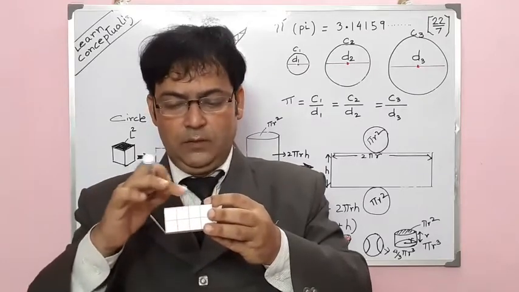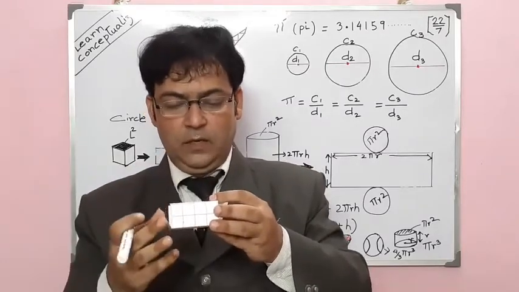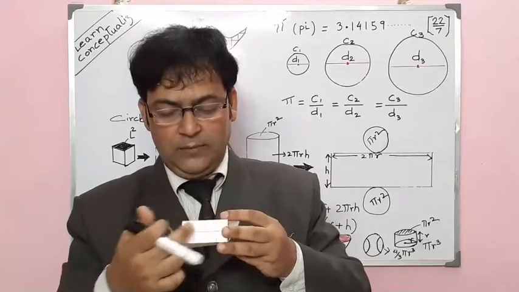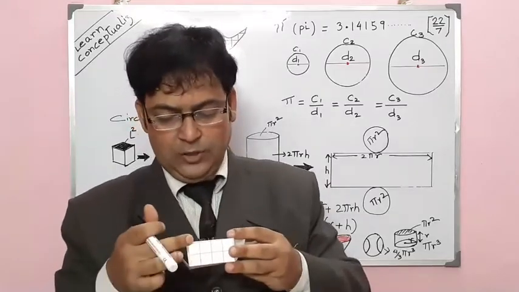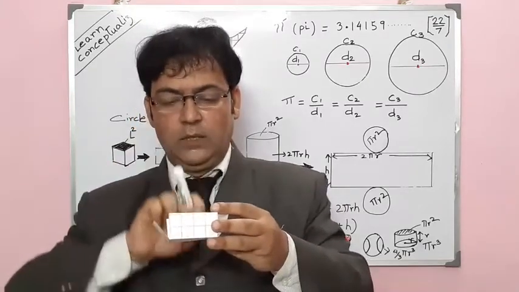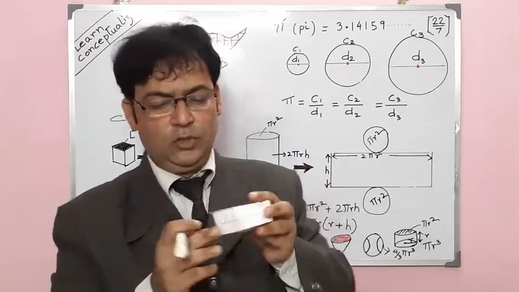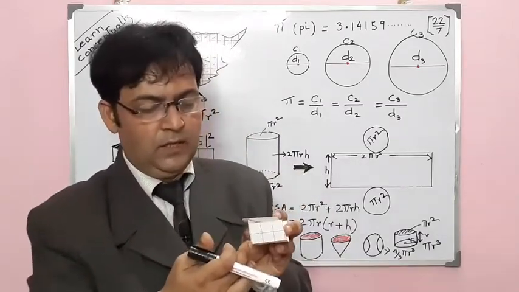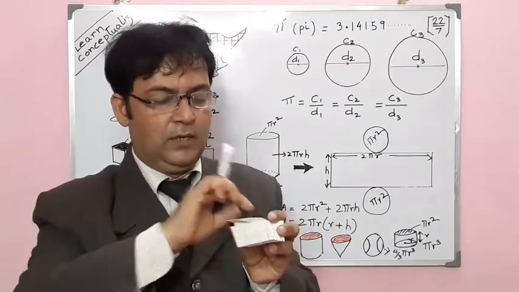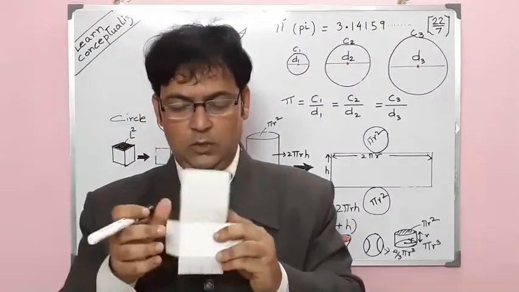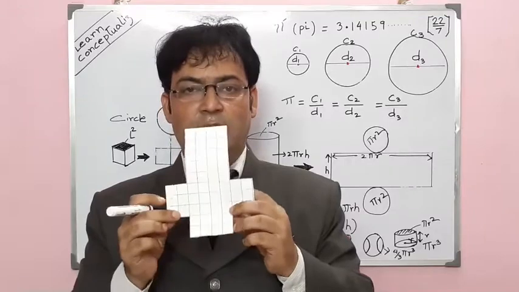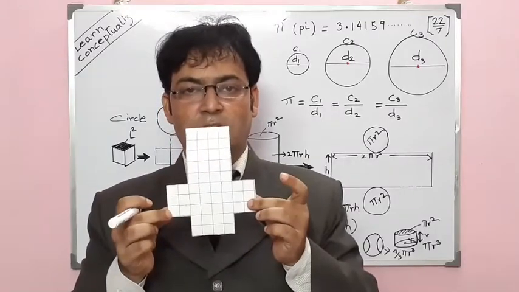L into B, 2LB. Now let's see L into H. One this side, one this side. So 2LH. Then B into H. One this one, and one this side. If I open this, you get the total surface area of a cuboid.